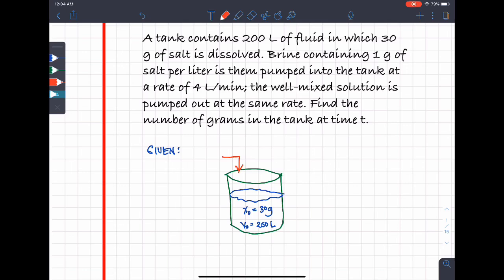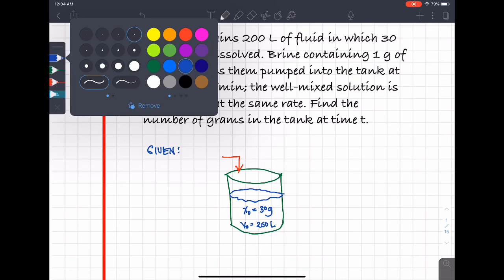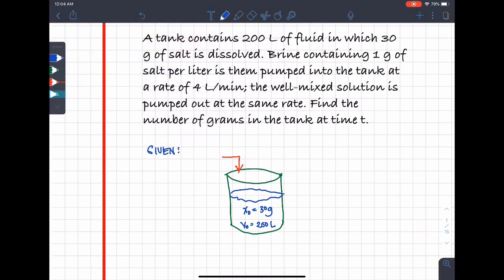A brine is a combination of salt and water. It is a mixture of salt and water, and it has an input concentration of 1 gram of salt per liter. So for every liter of brine, there is 1 gram of salt in it.